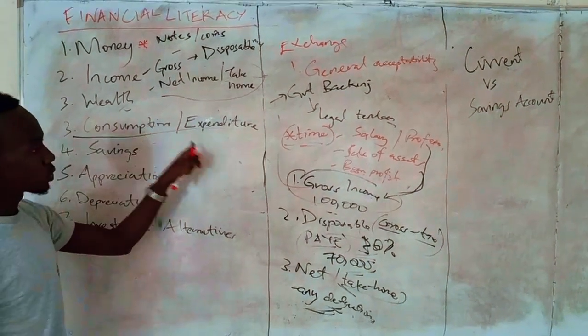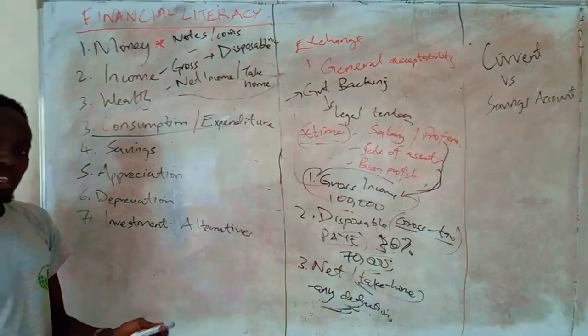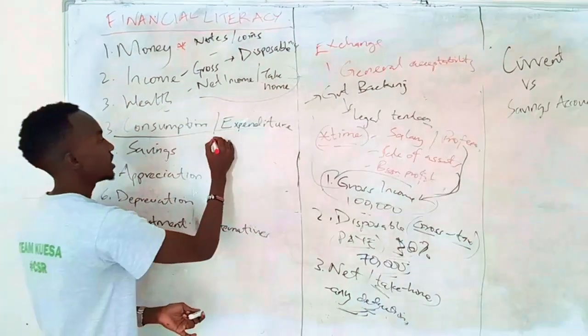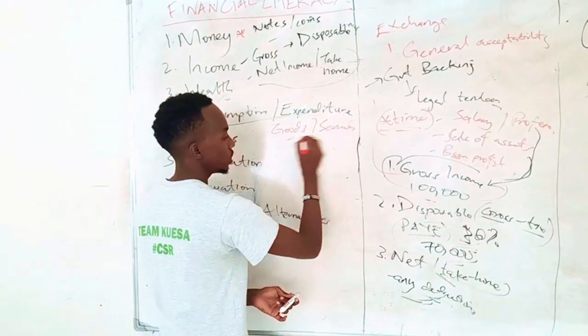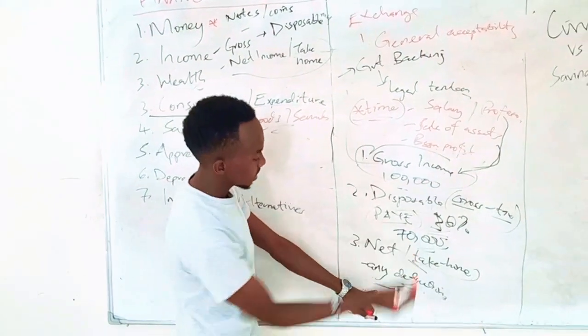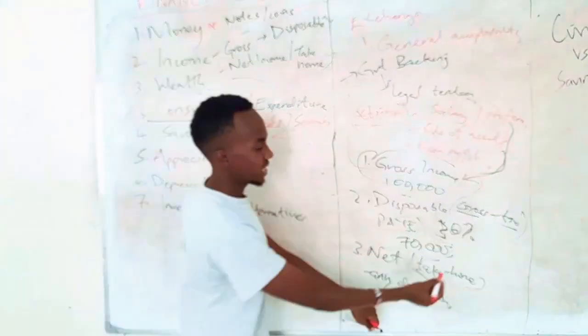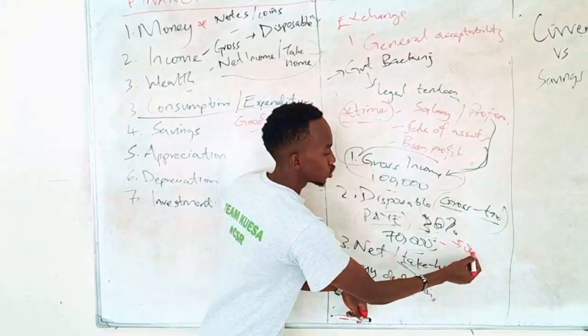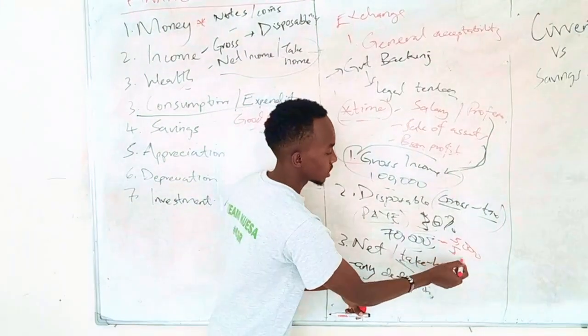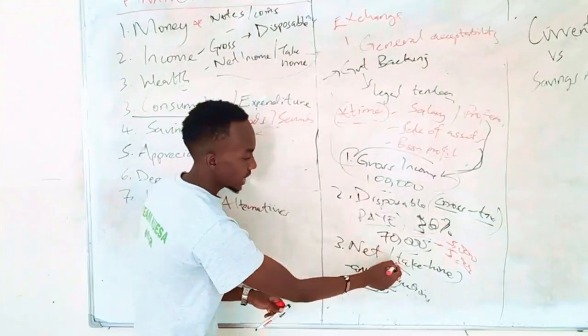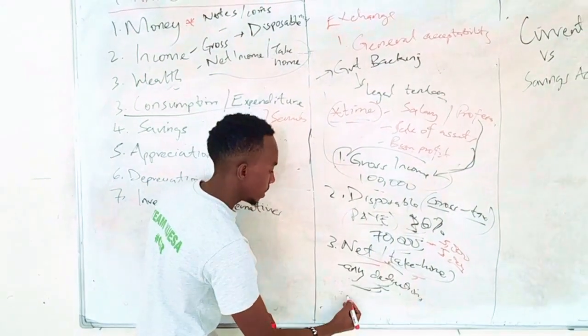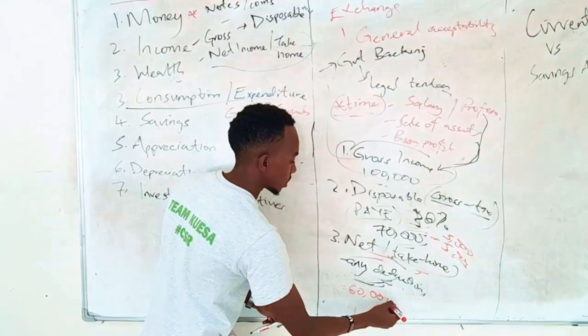And so what is consumption or expenditure? It is all the amount of money that you use in the purchase of goods or services. So let's say here, from 70,000, I had a deduction of let's say 5,000 to my health insurance and 5,000 to my retirement benefits. So my net income or take home income becomes about 60,000.